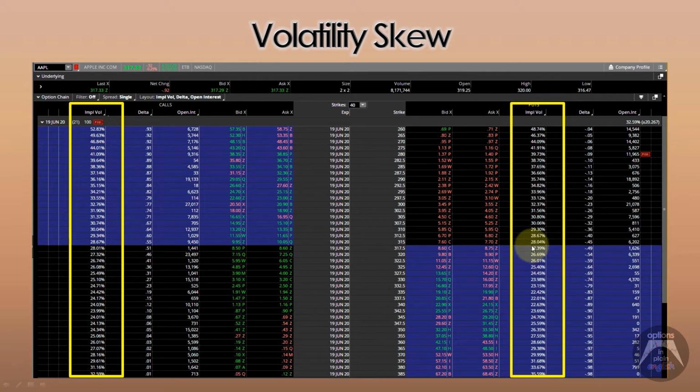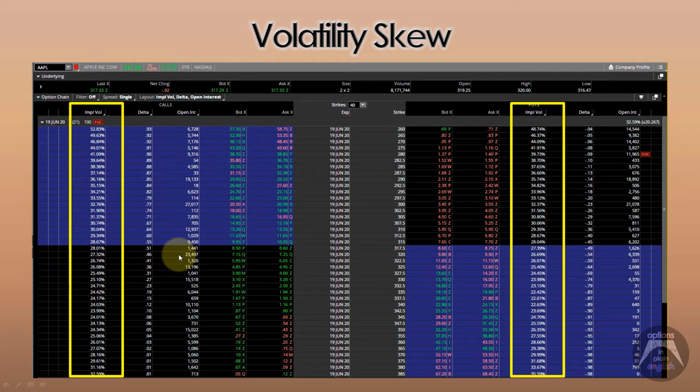But if we go lower in strike price, we see that the implied volatilities are different. And if we go higher in strike price, we notice that they're different as well. Same with the calls. At the money, the call is trading at 28.01%. And once you start going higher in price or lower in price, they're all different.